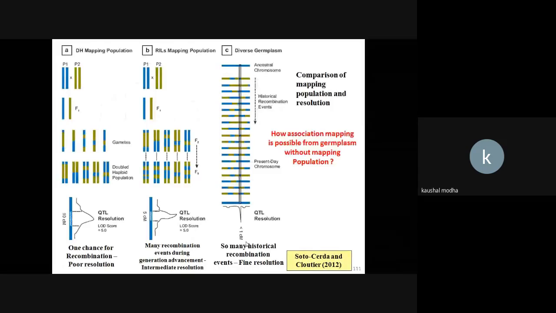Now the question may arise that if we do not develop a mapping population, then how can we judge the distance or how can we map the genes in association mapping. In association mapping, we do not define the individuals as parental type or recombinant type.